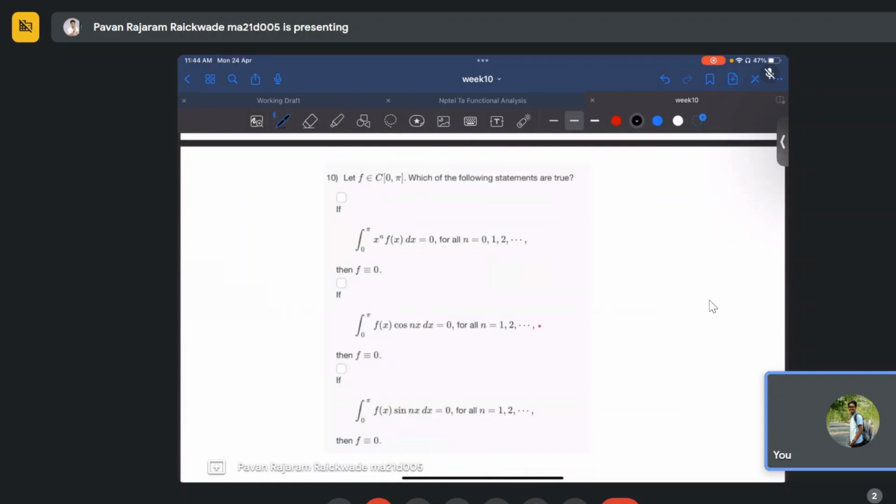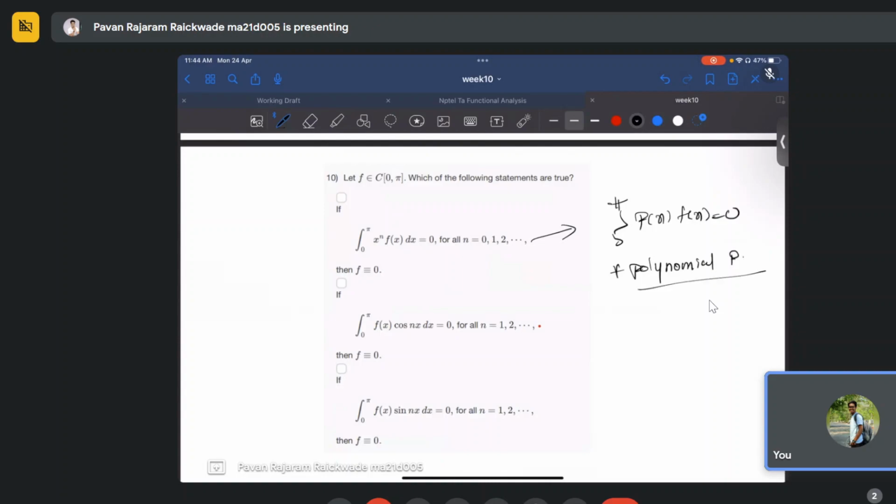Question number 10 I'll leave to you as an exercise, but I can give you some hints. What this says is that the integral of x^n f(x) is 0 for all n. That means the integral from 0 to pi of p(x) f(x) dx is 0 for all polynomials p.